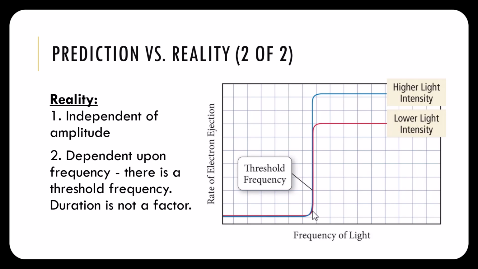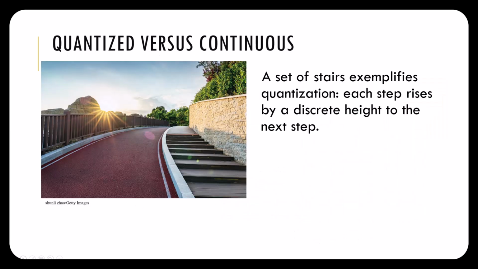So we predicted two outcomes, and reality tells us that the outcomes are very different than what we predicted. We predicted light is going to behave like this kind of continuous, smooth wave. But it turns out that light actually behaves much differently.